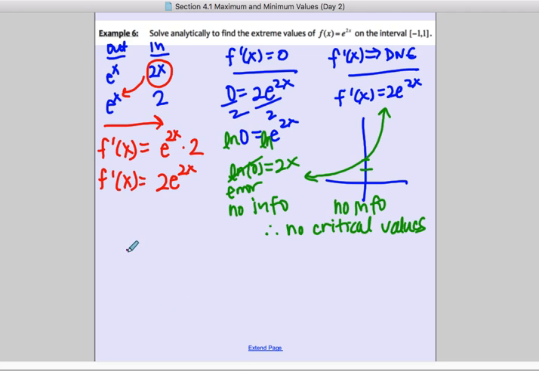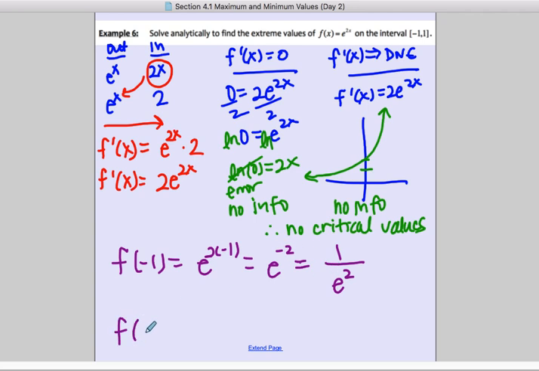Just endpoints. So we do f of negative 1. And so we have e to the 2 times negative 1. So this gives me e to the negative 2, which your textbook will probably write as 1 over e squared. They mean the same thing. I'll take either one. And then f of 1 will be e to the 2 times 1, so e squared.